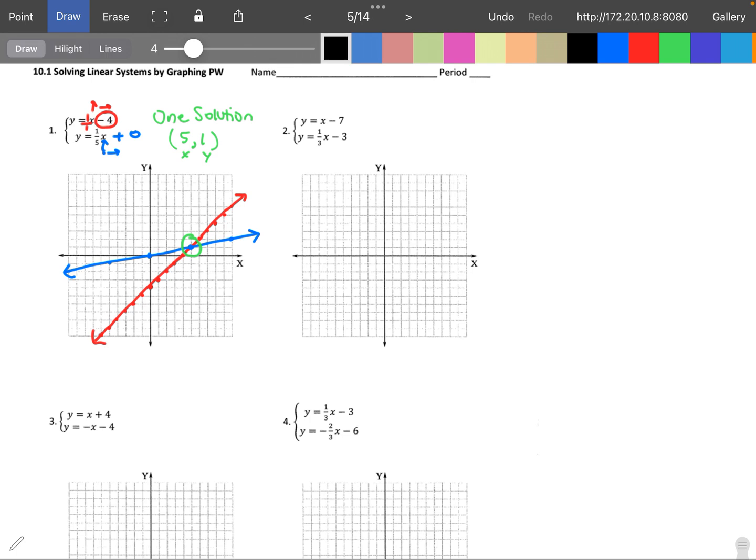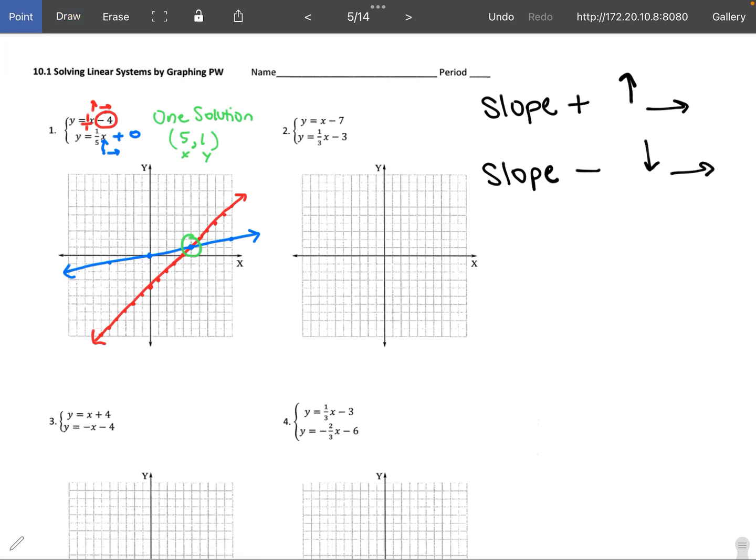And then just as a little reminder, let's maybe write this somewhere down. If your slope is positive, you're going to go up and right. If your slope is negative, you're going to go down and right. And you might be like, well, when do I go left?